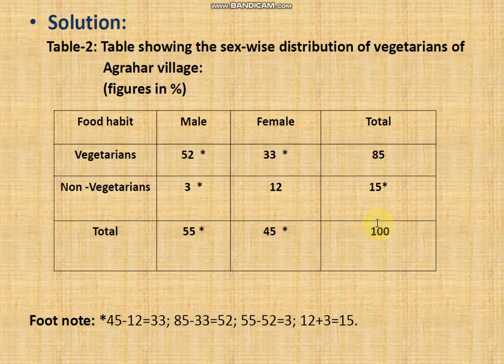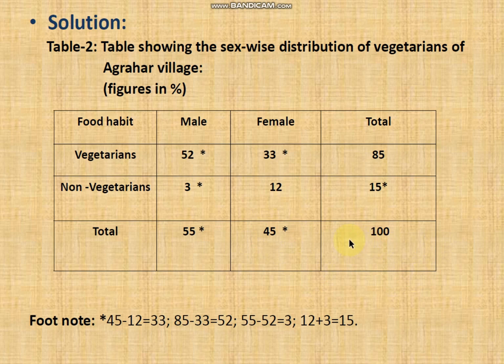The total constituents of both the vegetarians and non-vegetarians is 100, and the total of males and females together is 100. The male population of the village is 55% and the total population is 100%. If you deduct 55 from 100, you will get 45. That is, 45% of the population of the village is female.